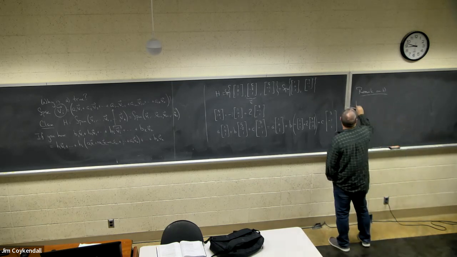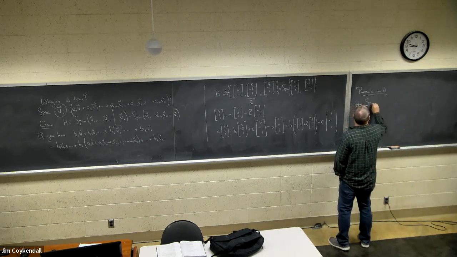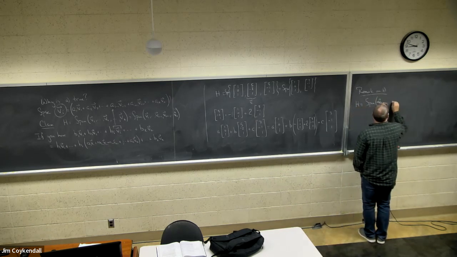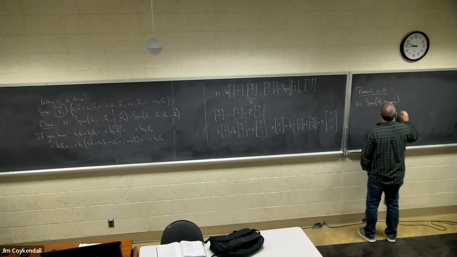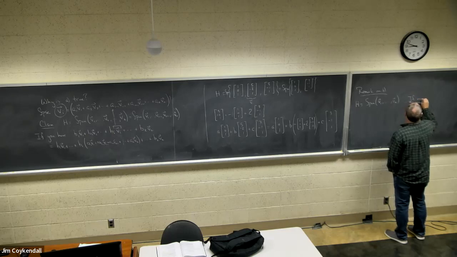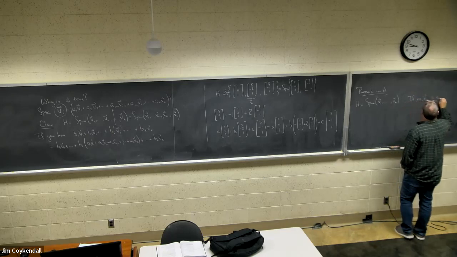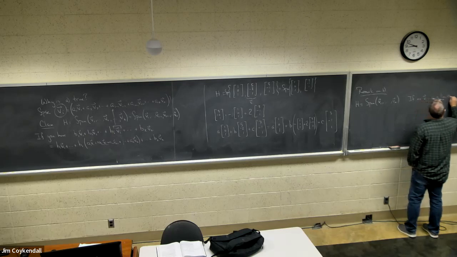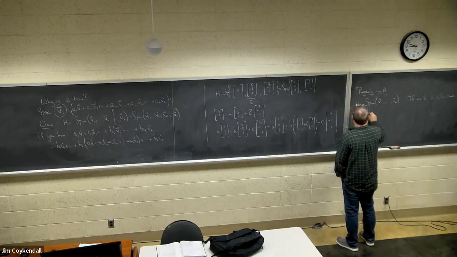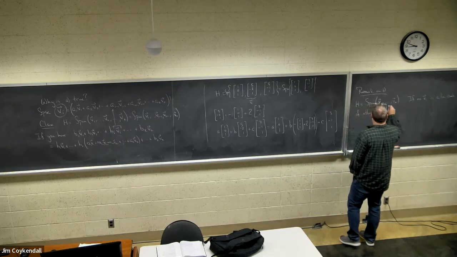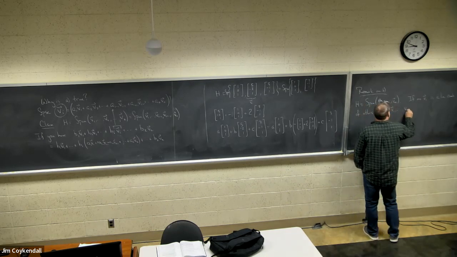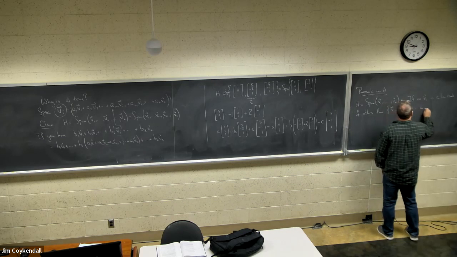If you have H, and no v_i is a linear combination of the others, then v1 up to v_k is a basis.